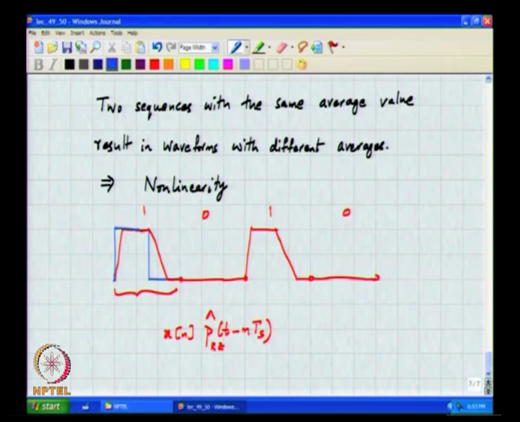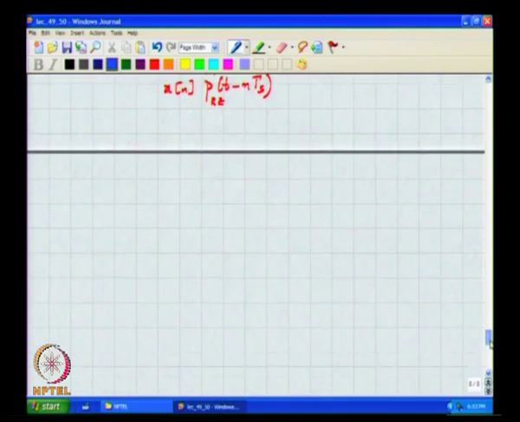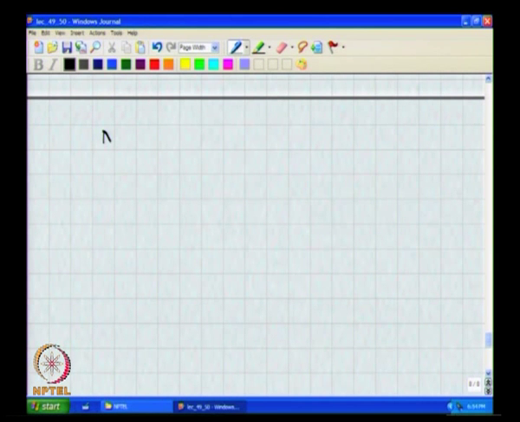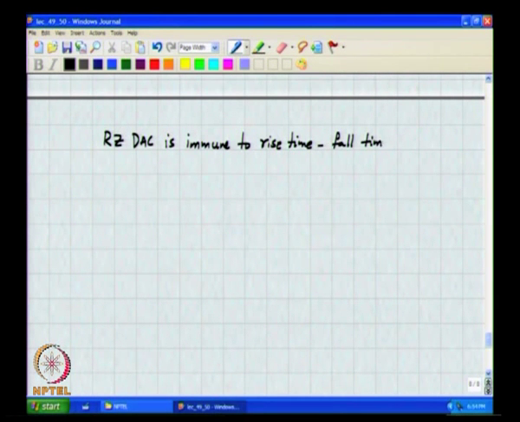Now, instead of having the blue pulse, you have the red pulse, but it is still a linear system. Okay. So, an RZ DAC is immune to rise time, fall time asymmetry.